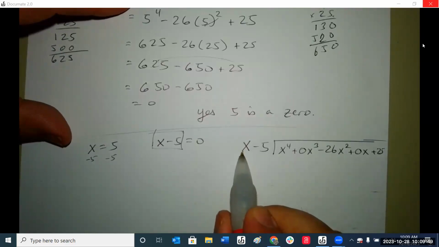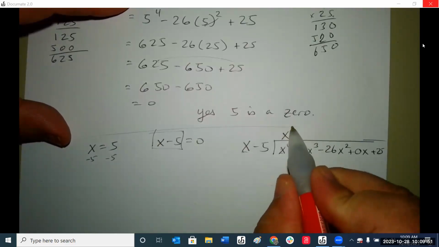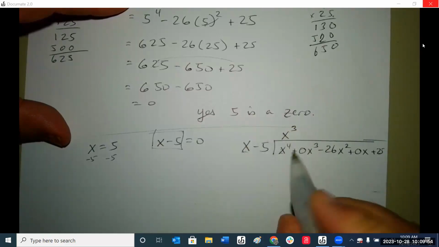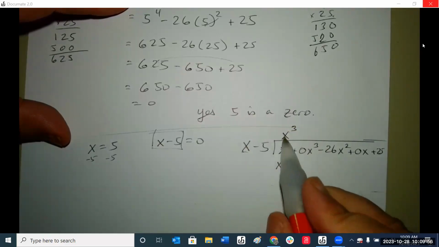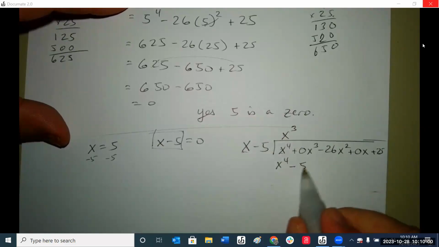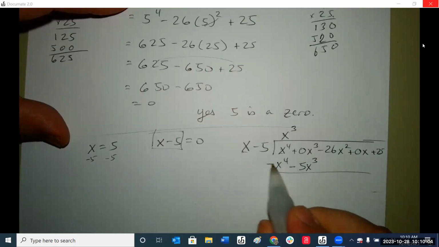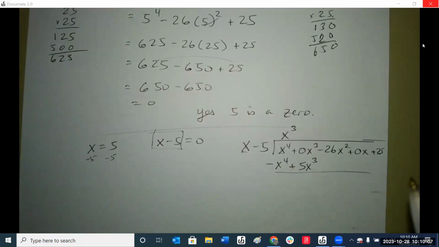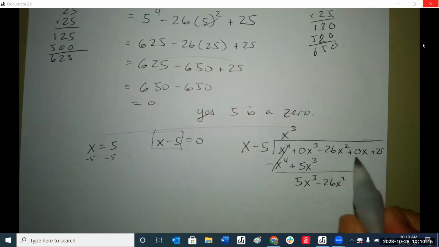Look at the first term. So it's x cubed. X cubed times x is x to the 4th. Positive and negative. 5 times x cubed is 5x cubed. Change signs and add. So we have 5x cubed minus 26x squared, bring down everything else, plus 0x plus 25.